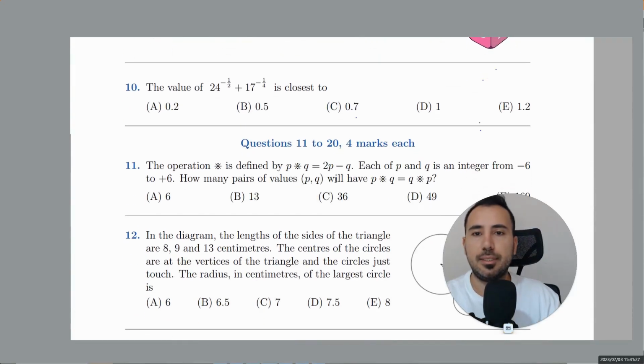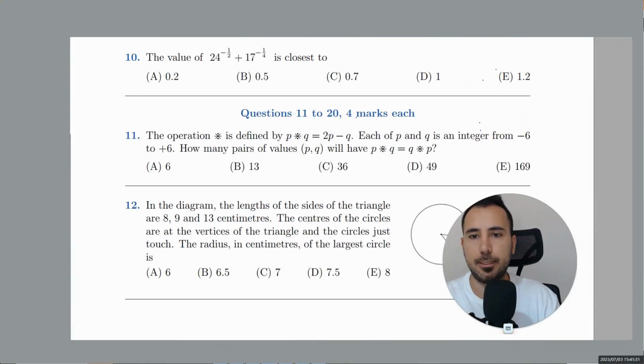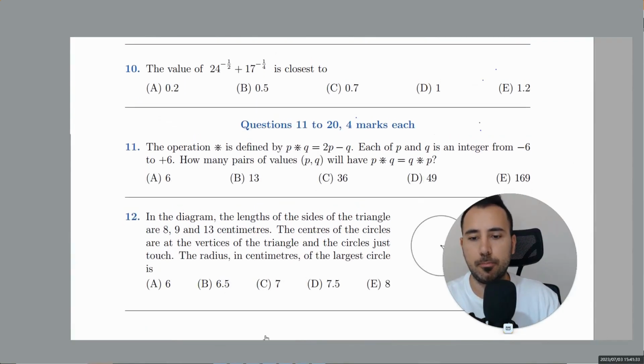So the value of this is closest to, okay, let's see. 24 to the power of negative 1 over 2, okay? So to remove the negative from the exponent, we write this as 1 over 24, and then to the power of 1 over 2.